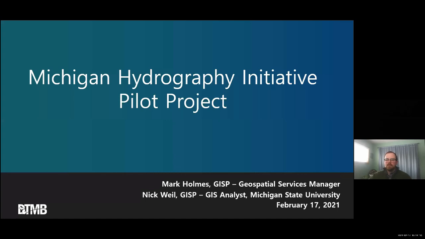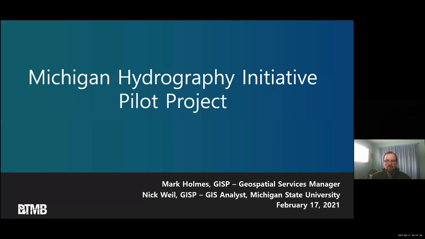All right. So maybe, Nick, you can share the slides. I'll have you get the slides up. So we're going to present our recent activities here within Michigan, recent being really the last couple of years. We've been looking to improve our hydrography data.